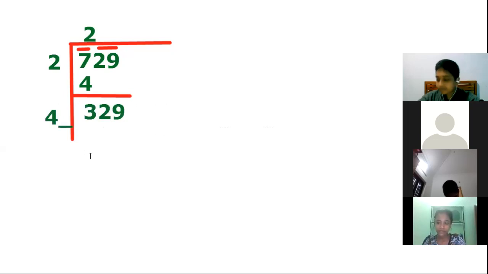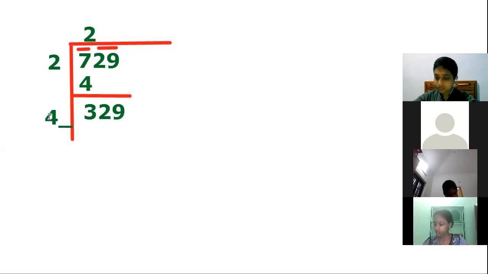And how to fill the blank space here? We have to guess a number, isn't it? We just guess a number with which we can multiply, and the same number we can write on the top. 47. It should be 47. 47 into 7 is 329.